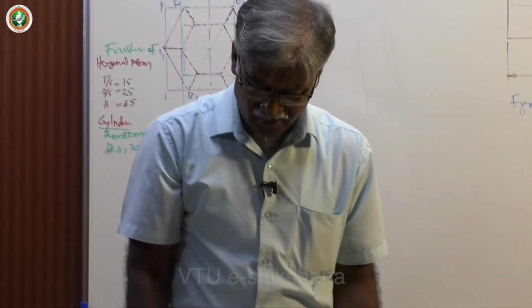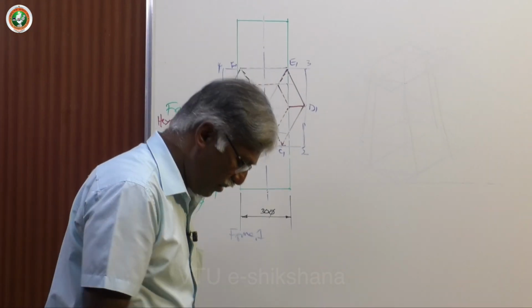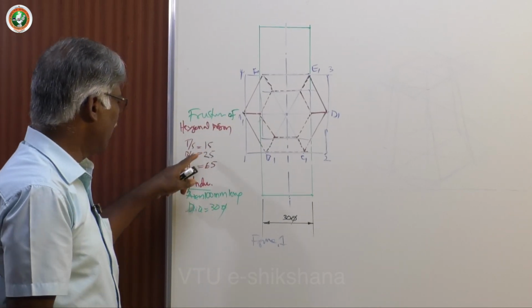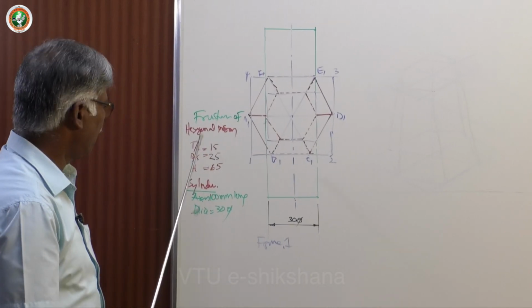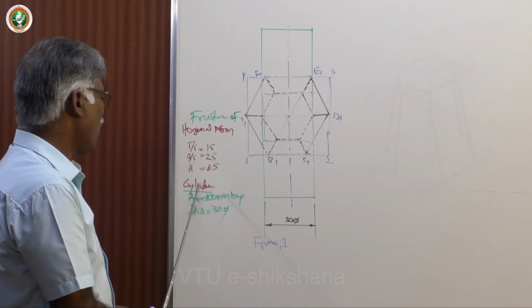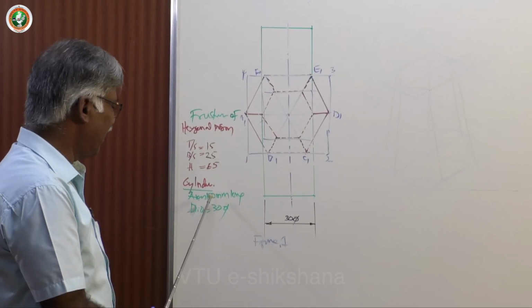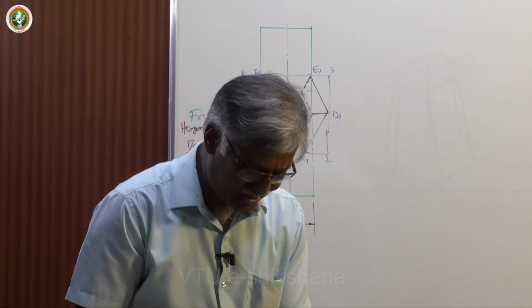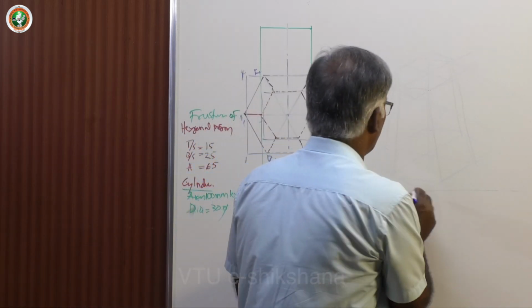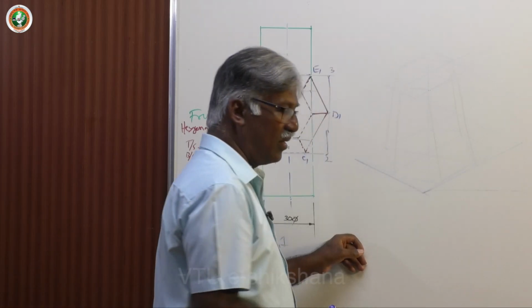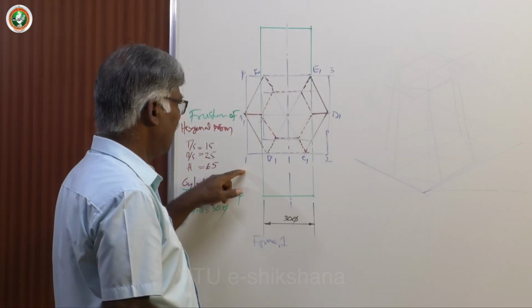Now let me start working for frustum of hexagonal pyramid. Base side is 25 and top side is 15 and the height is 65, and cylinder 100 mm long, diameter is 30. So let me work for the same. Start with a point, then draw lines. Here is 1, 2.